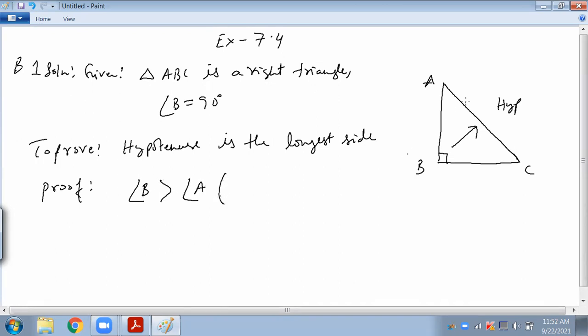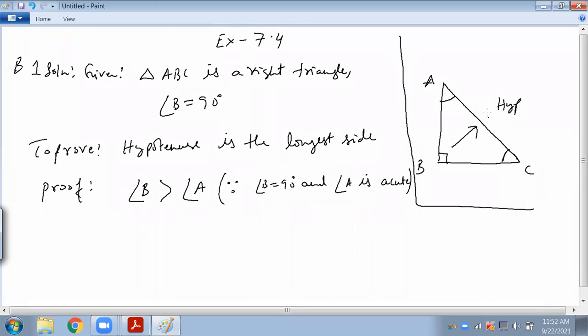Angle B is 90 and angles A and C are both acute. Acute angles are less than 90 degrees. So in a right triangle, if one angle is 90, the other two angles are both acute. So angle A is acute, and angle C is also acute.